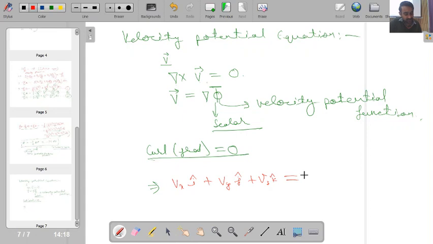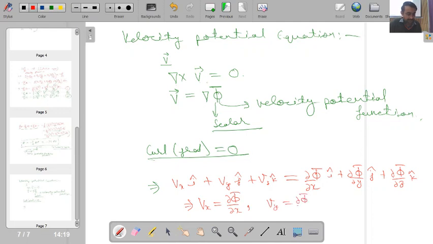So this will be equal to the gradient of phi bar: del phi bar by del x i cap plus del phi bar by del y j cap plus del phi bar by del z k cap. So from here, Vx can be written as del phi bar by del x, Vy can be written as del phi bar by del y, and Vz can be written as del phi bar by del z.